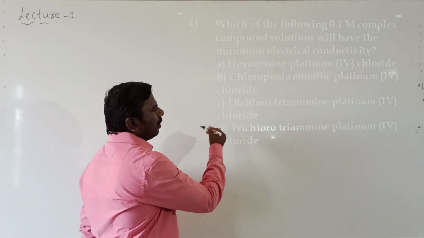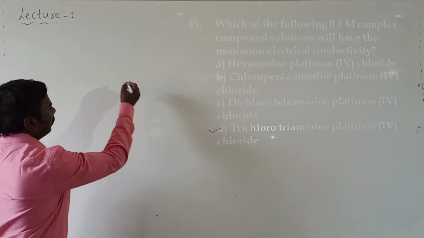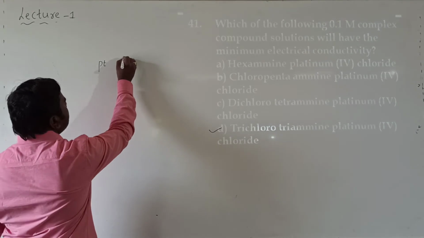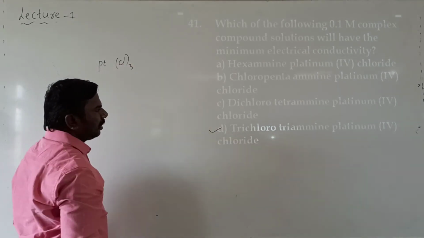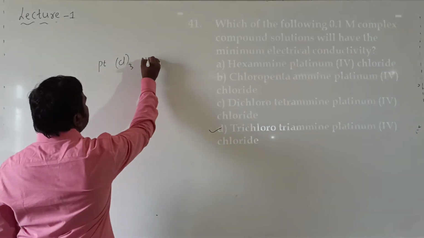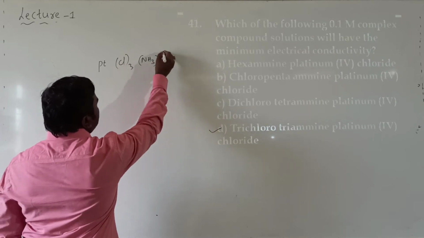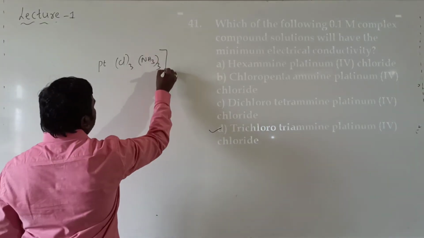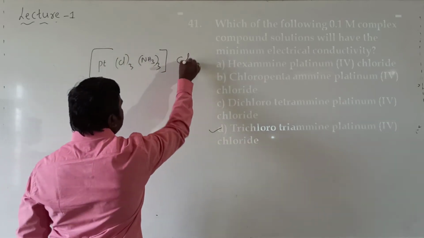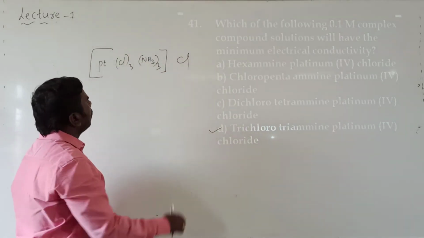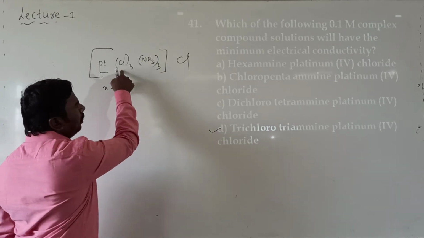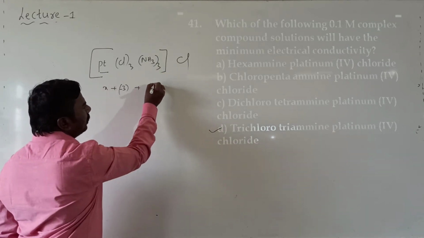Trichloro, triamine platinum. Platinum is the central atom. Trichloro means 3 chlorines. Next, triamine, NH3 thrice. Next, chloride, which should be outside, right? So calculate: x plus 3 into minus 1 plus 3 into 0, then minus 1 equals 0.